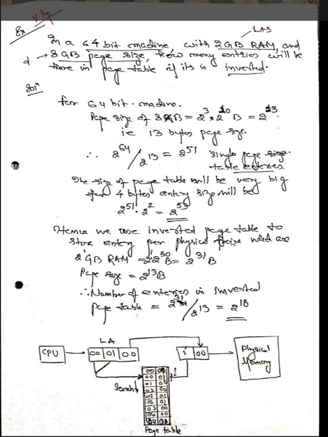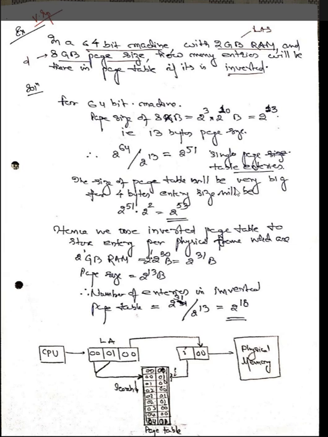The size of the page table will be very big if each entry is 4 bytes. So 2 to the power of 51 entries, times 2 to the power of 2, is 2 to the power of 53.